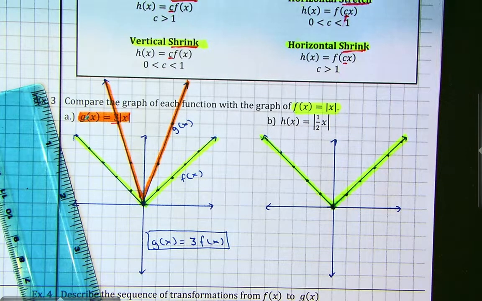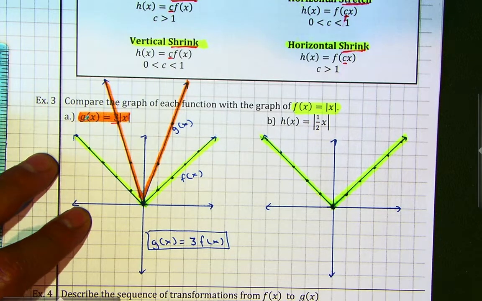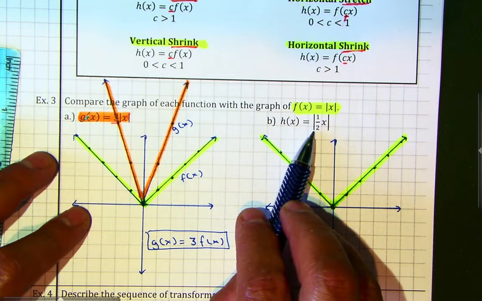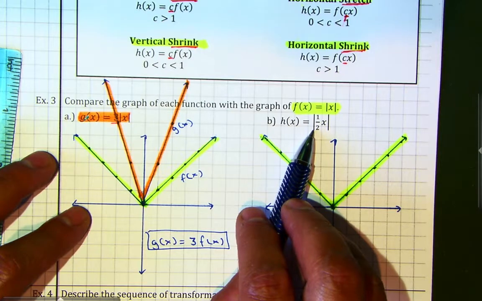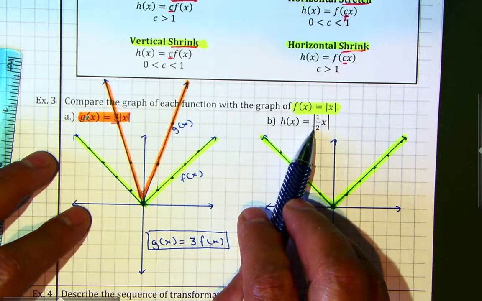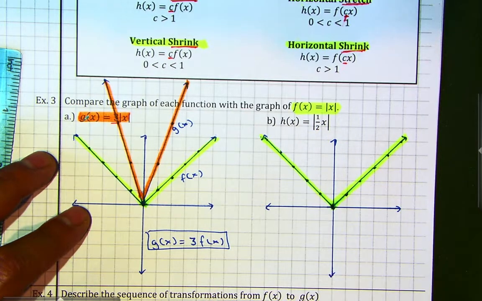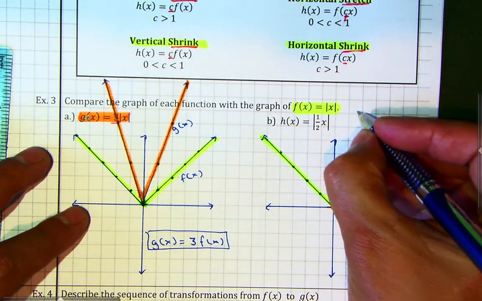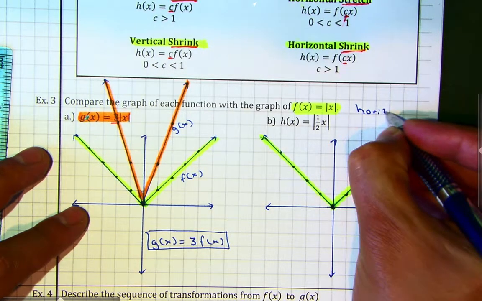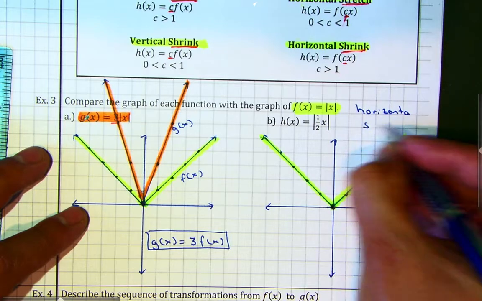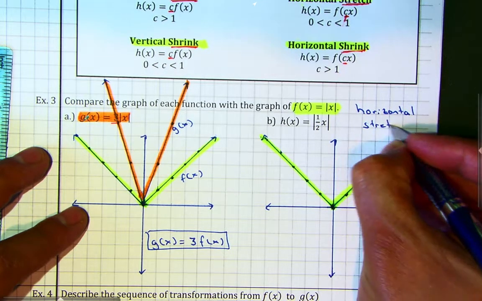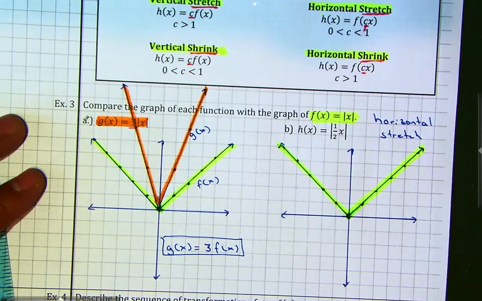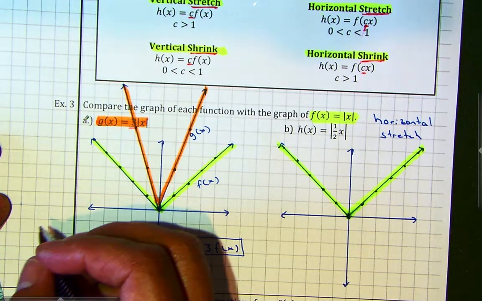And now I need to think, what is the 1/2 going to do to the graph? It's going to be a horizontal stretch. So this is a horizontal stretch, where this was a vertical stretch.